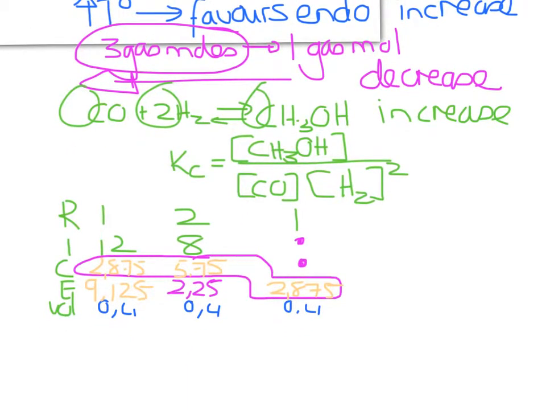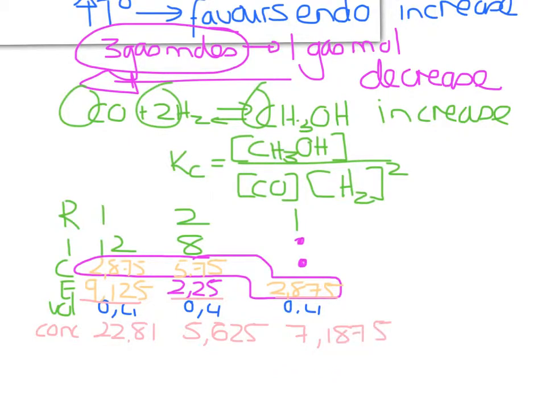Now I am going to say that my equilibrium concentration is equal to that number of moles divided by the volume in each case. So I am going to just divide through each time, and I get 22,81, 5,625, 7,1875.